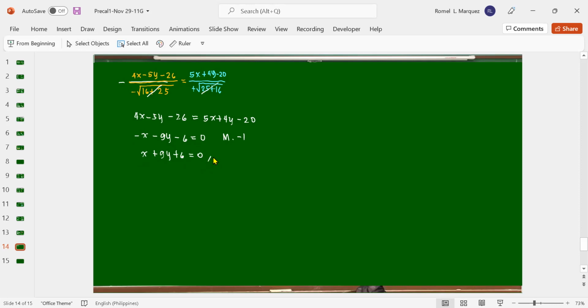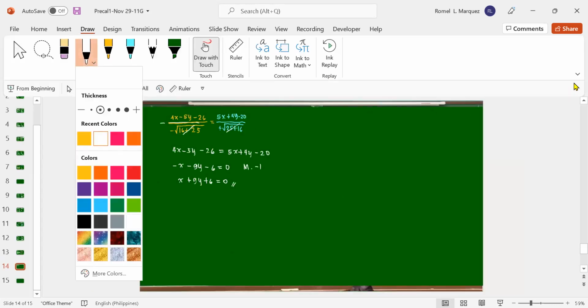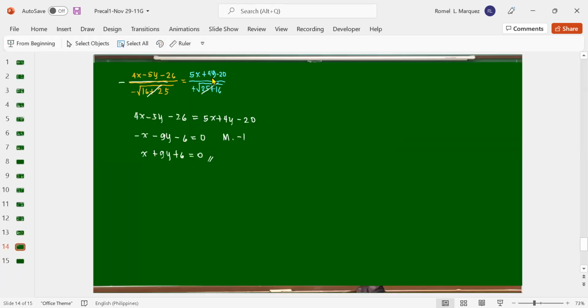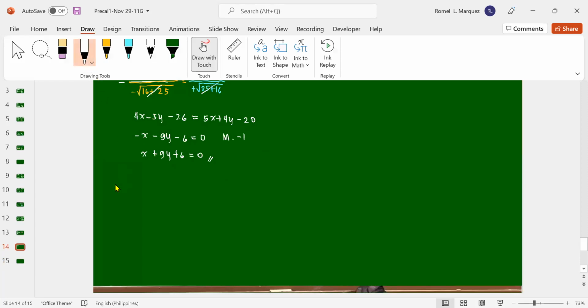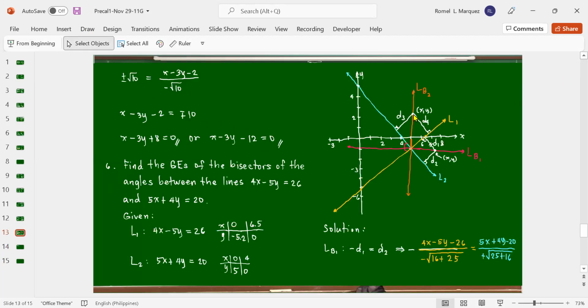Okay, children? That's the first angle bisector. That is the red one. What about the second one? L B sub 2. For L B sub 2, this is our point.